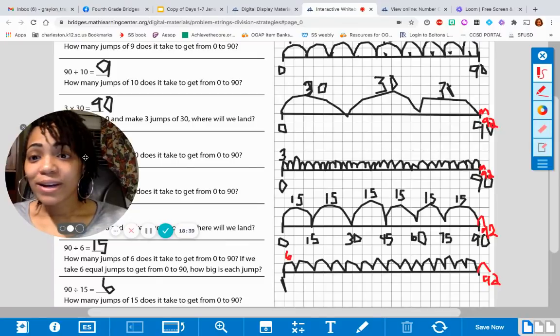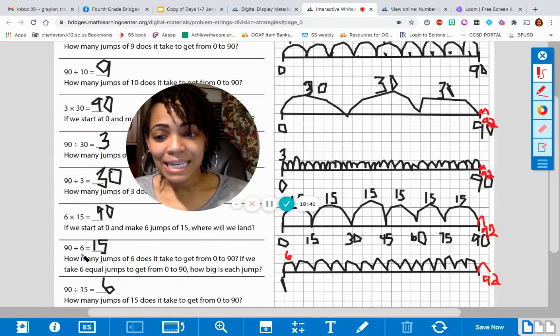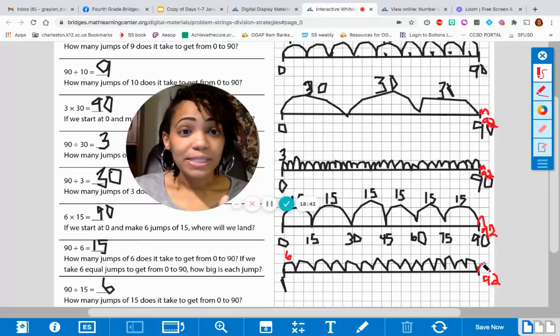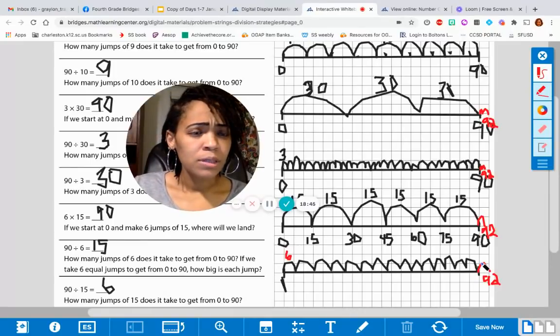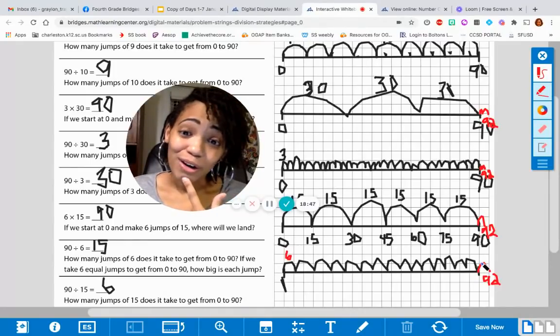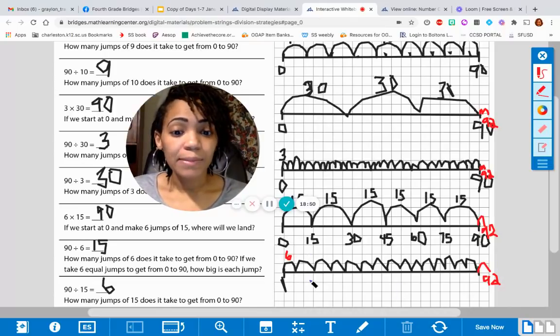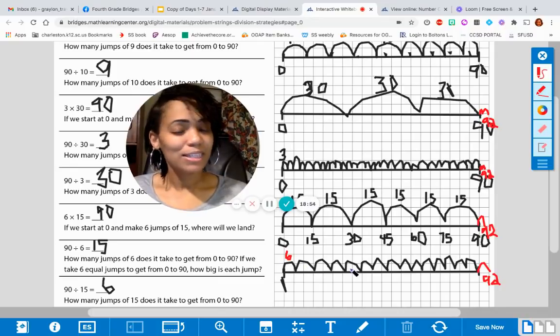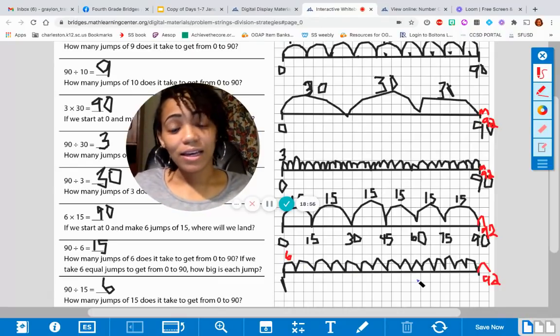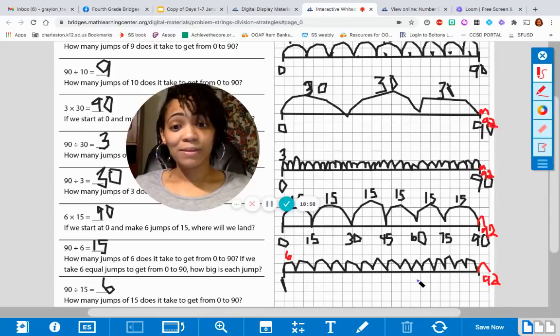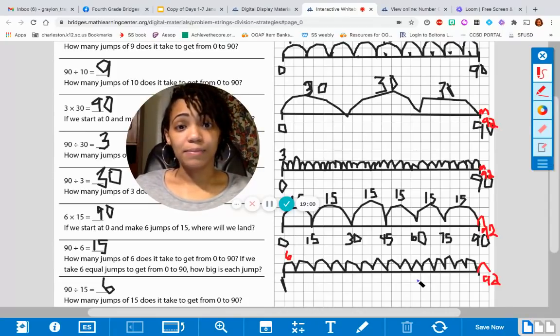So for 90 divided by 6, we could think about that as, I want 6 equal jumps. How many jumps should I make? Which might be a little harder. Or you could say, okay, I'm going to make jumps of 6 until I get to 90, which may be easier, because then you don't have to think, what's an even amount of jumps that I can make 6 times?